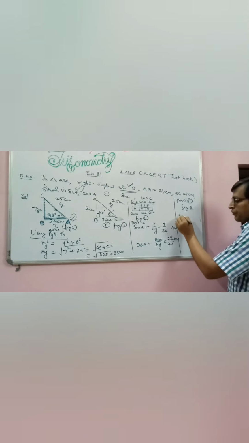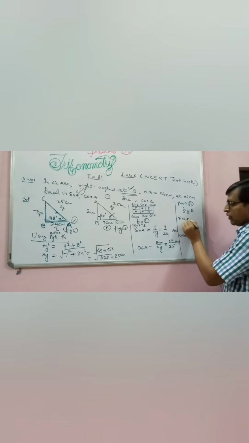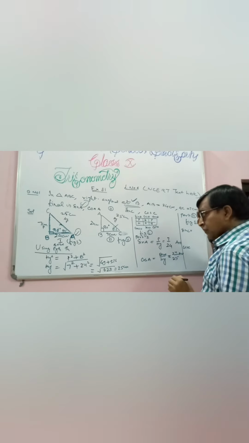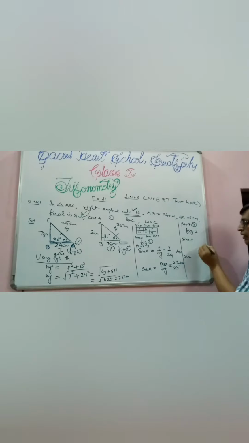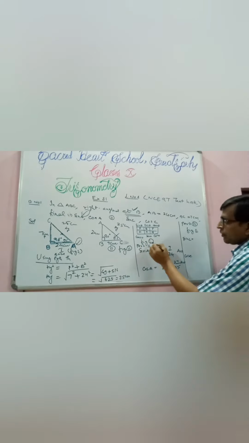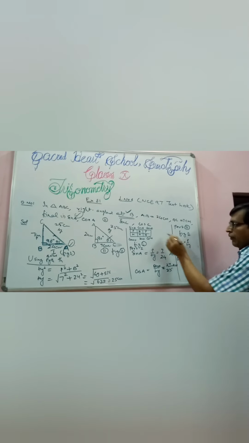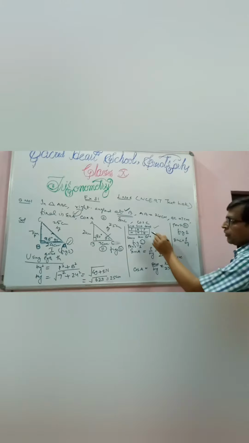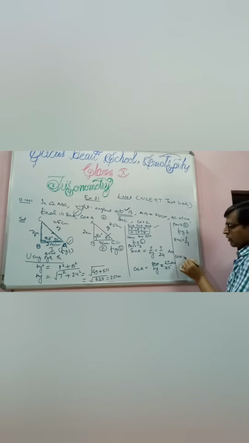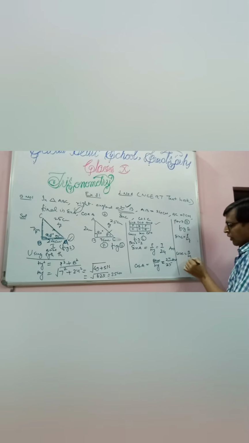Now sin C and cos C. In the second figure we apply sin theta as perpendicular upon hypotenuse. Always keep in mind, we use this table only. Cos C is base upon hypotenuse.